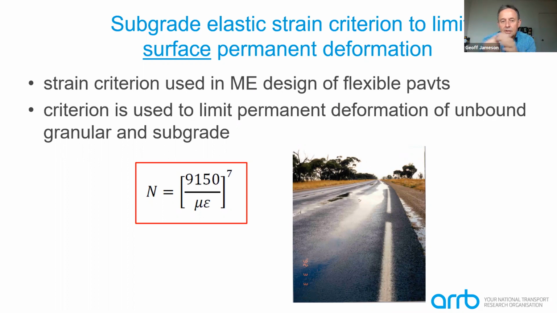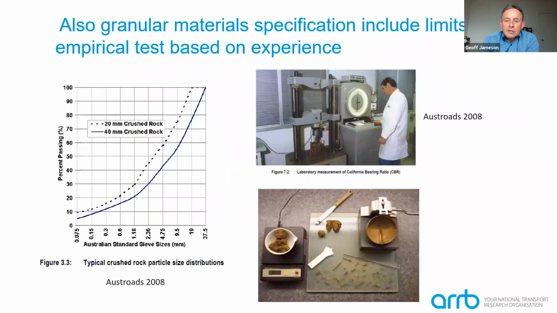Later in this series, we'll discuss how that strain criteria was developed. But just keep in mind that what we're talking about here is a strain in the pavement that relates to the deformation of the surface and the allowable loading in terms of the surface deformation. So we have a criteria like that that limits deformation, but it's also complemented by empirical information about what materials have worked well in the past for different traffic loadings and for base and sub-base.